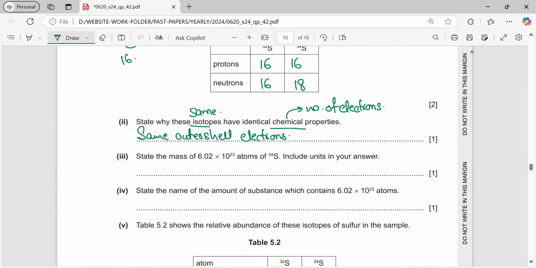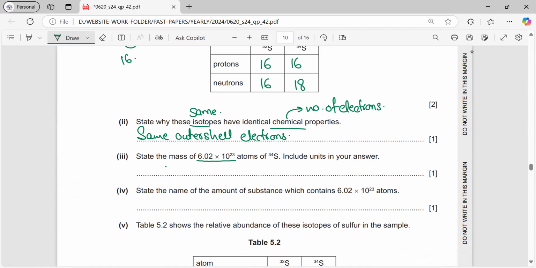State the mass of 6.02 times 10 power 23 atoms of sulfur 34. Include units in your answer. So how much mass is present in this many atoms of sulfur 34?